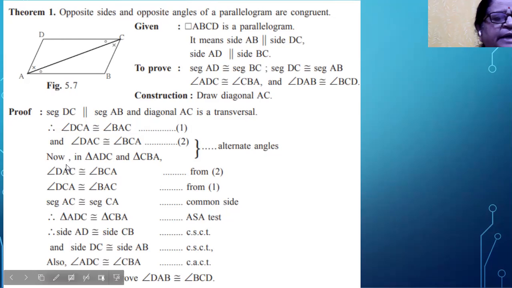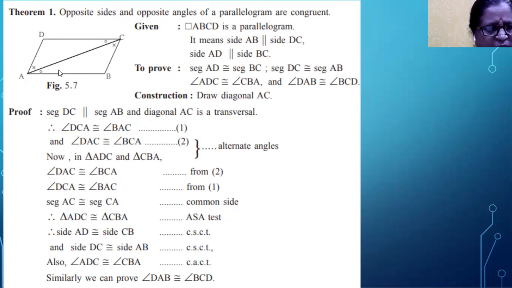Then in triangle ADC and triangle CBA, according to equations 1 and 2, angle DAC is congruent to angle BCA from 2 and angle DCA is congruent to angle BAC from 1. Then segment AC is common to both triangles. Therefore triangle ADC is congruent to triangle CBA by the ASA test.